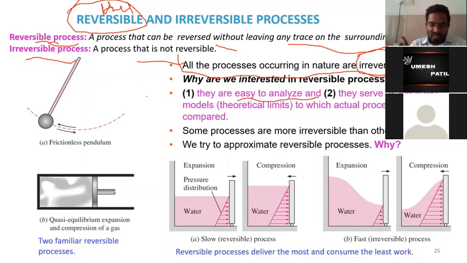And the second reason for studying these reversible processes is, in nature, all the processes are irreversible processes, but those are not ideal processes. So we need to check the performance of those irreversible processes, and to check their performance, we need to have a certain standard.